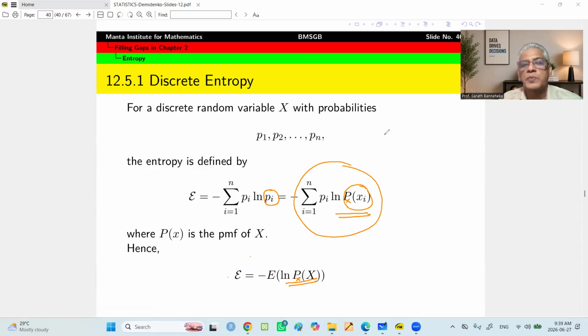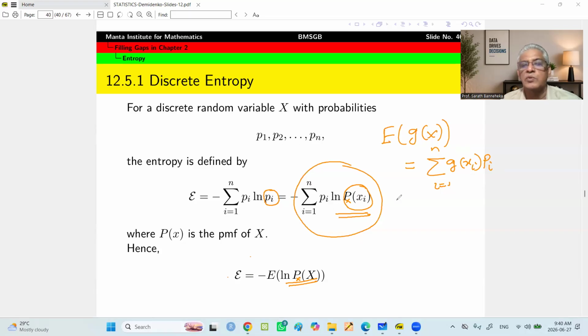Because you know that the expected value of g of X, if X is discrete and you have only a finite number of possibilities for X, is equal to the sum from i equals 1 to n of g of xi times pi. Pi will be the probability that X is equal to xi.